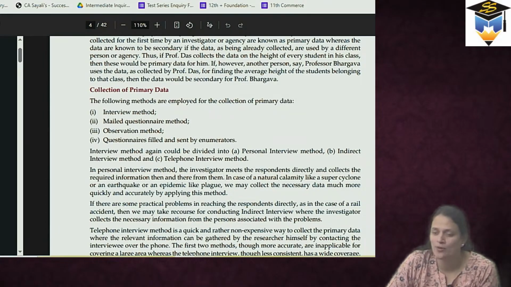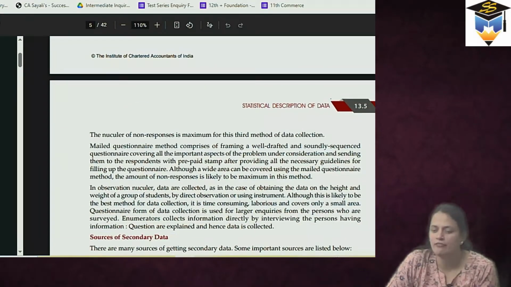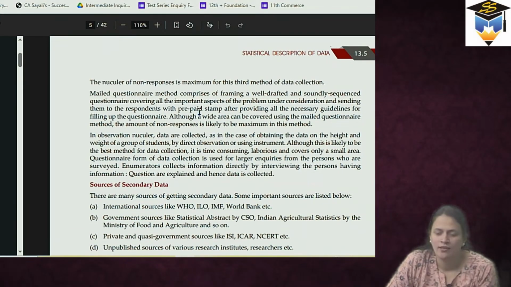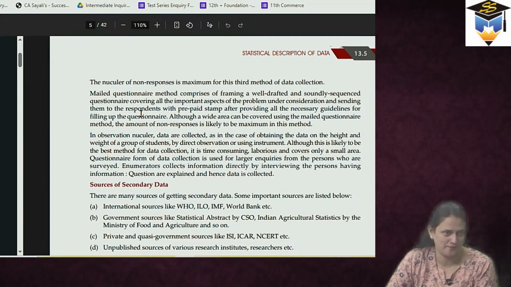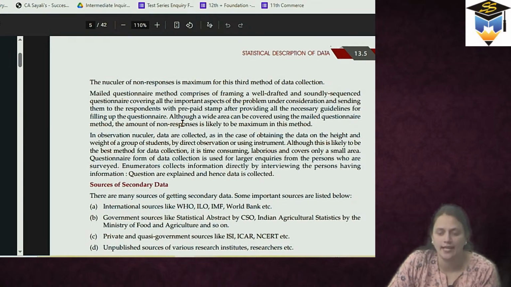Now in the mailed questionnaire, generally, have you seen it, it basically comprises a well drafted and soundly sequenced questionnaire, covering all the important aspects of the problem under consideration and sending it to the respondents with a prepaid stamp after providing all the necessary guidelines.